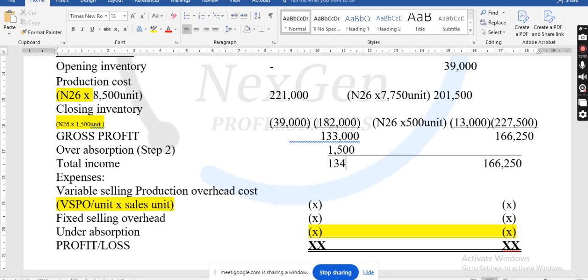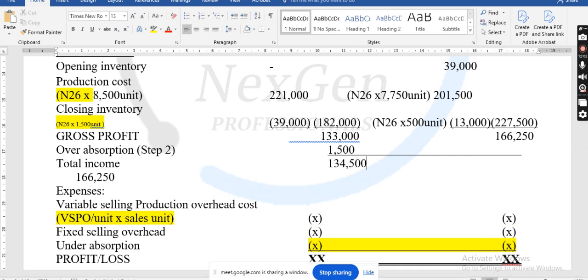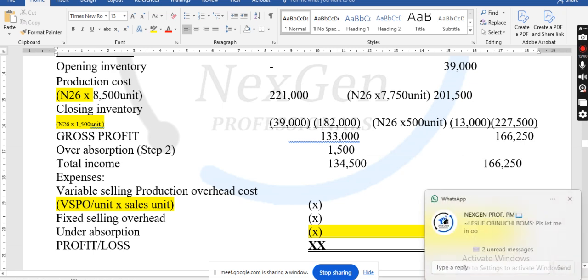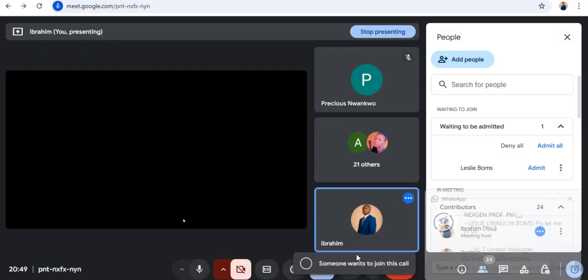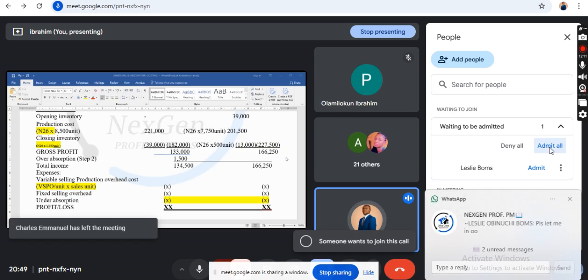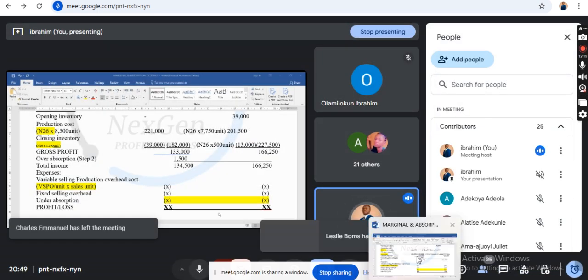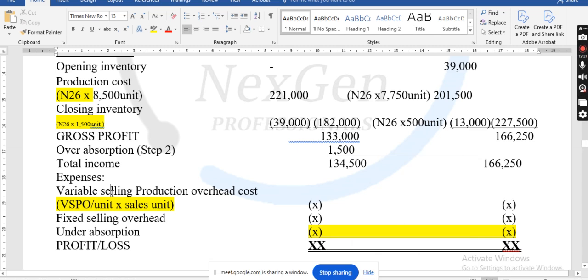Okay, 134,500, right? So if this is your total income, you can now continue from your expenses, right? Now, in this your expenses, right?